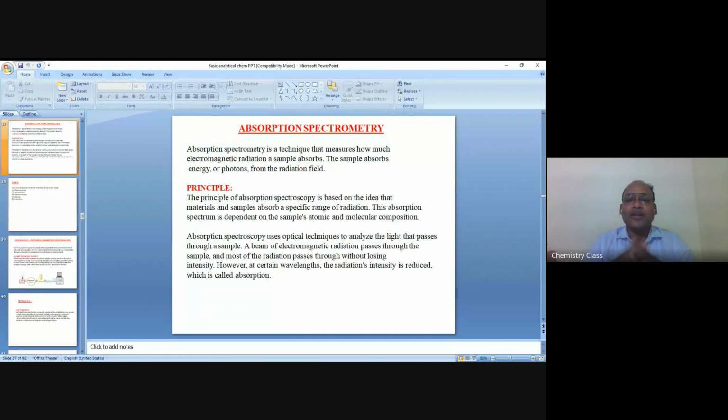Yesterday I told you about electromagnetic radiation, and in the structure part you have already studied it. So how much electromagnetic radiation a sample absorbs can be measured by this absorption spectrometry. The sample absorbs energy or photons, that means light particles or radiation fields. This is absorption spectrometry, the process.